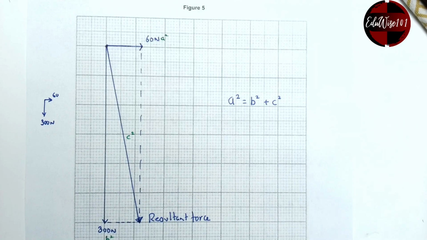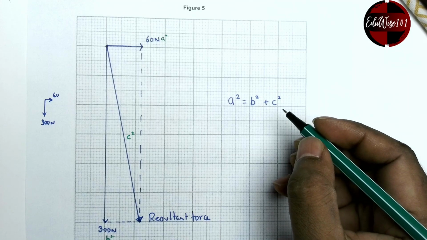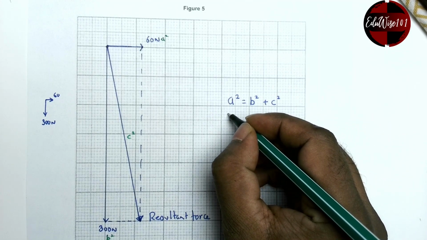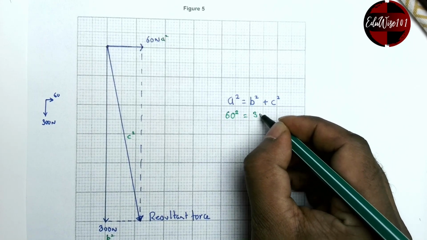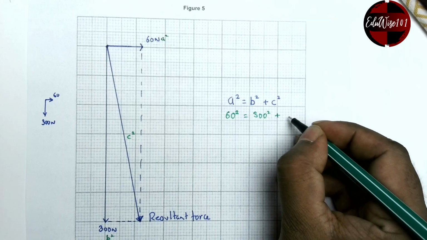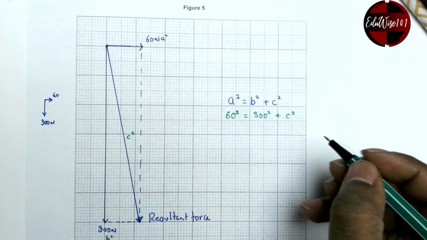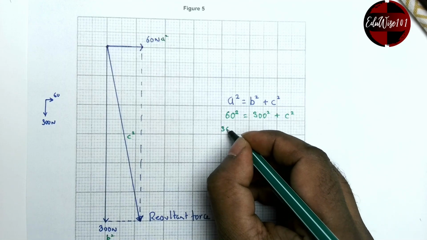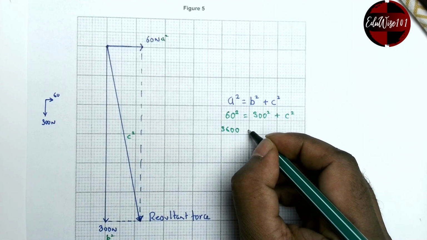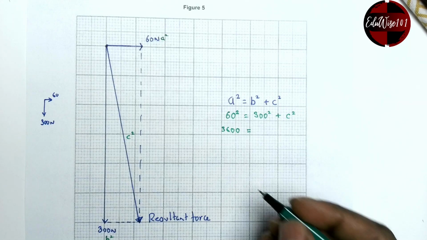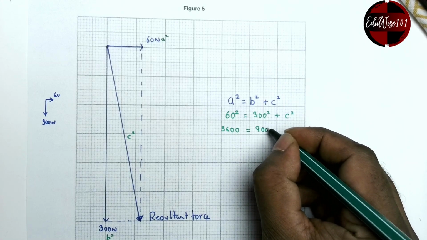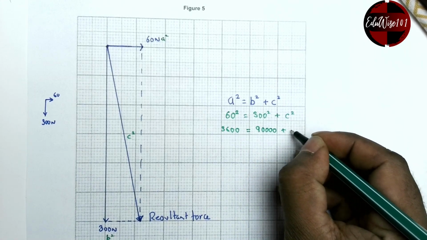So using Pythagoras theorem, 60 squared equals 300 squared plus c squared. So that gives me 3600 equals, was it 90,000 plus c squared.